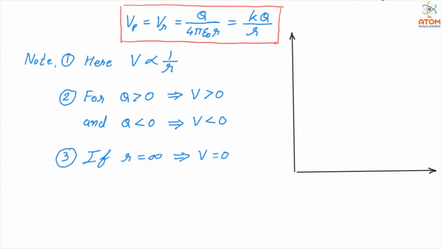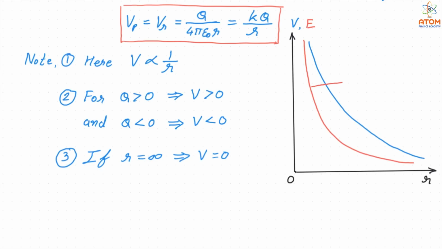Here on this x-axis there is distance r from the charge q, and on the y-axis I am taking V and also electric field E. So the graph of electric field will be somewhat like this, but the graph of potential V will be something like this.